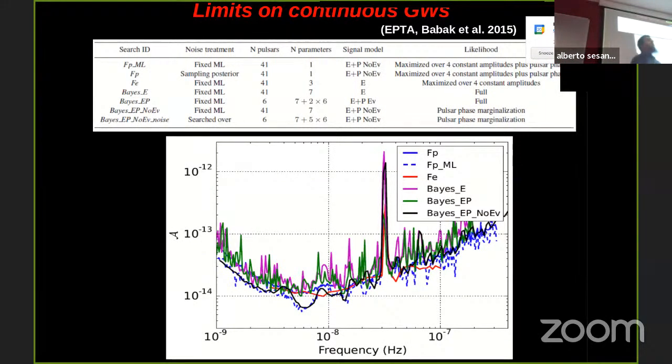And you don't have sensitivity at 1 per year, because you can always refit essentially the position of the pulsar. And there is also a harmonic somewhere here. This one is the second harmonic. No, okay, this is the rotation of the Earth around the Sun.